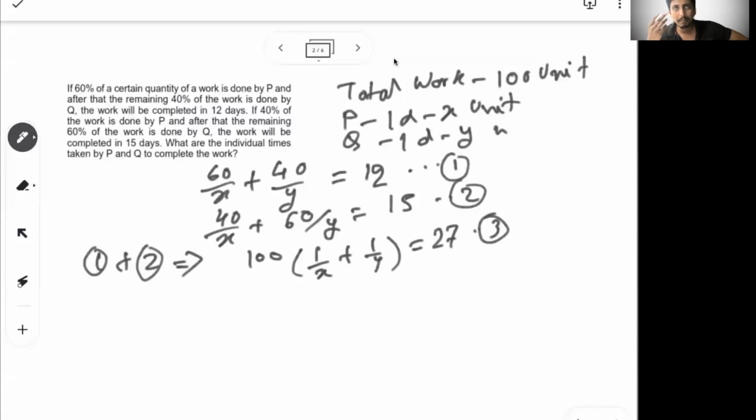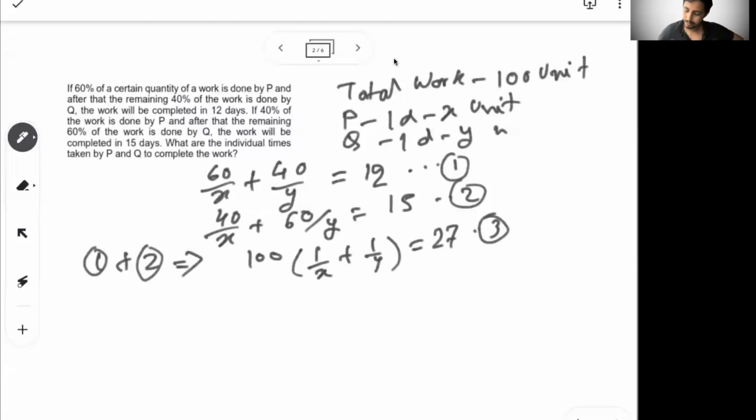If you see, there is also another inherent equation given to you. In the first problem, they said 60% of the work gets done by P and 40% of the work is done by Q, taking 12 days. In the next case, you just reverse it and it takes 15 days.